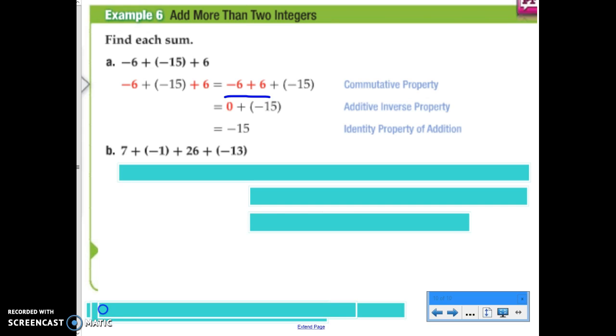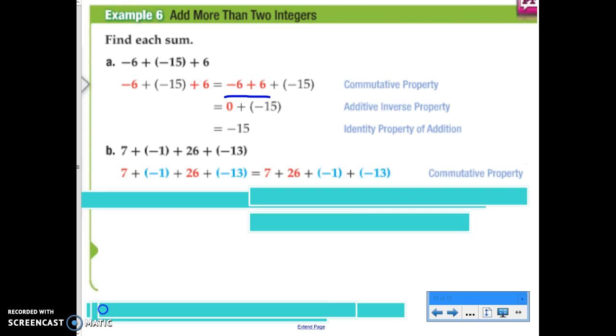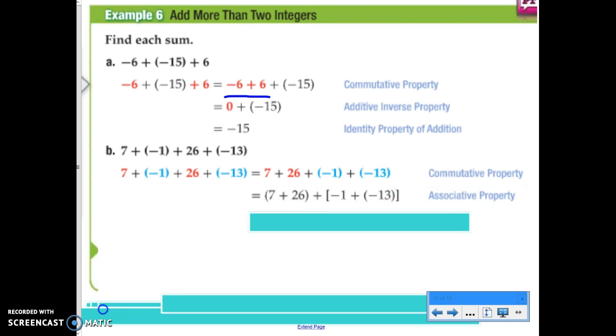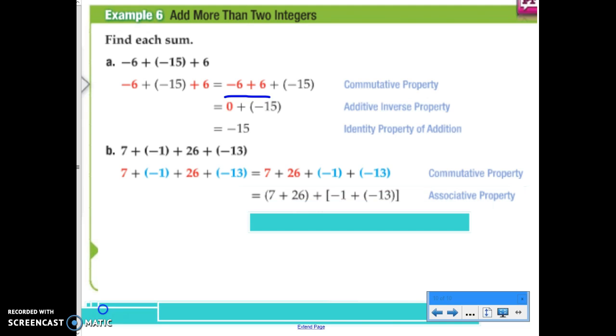Taking a look at B here, again, they go ahead and they just rearrange everything so that way they've got the positives next to each other and the negatives next to each other. Okay, so you're adding 2 positives and 2 negatives essentially. They use that commutative property of addition. Then they go ahead and they use the associative property to isolate them because right now I'm adding same signs, so it's easier to add the same signs together.